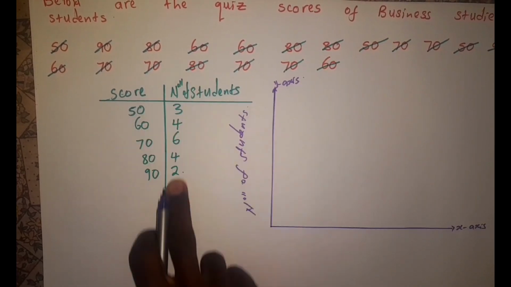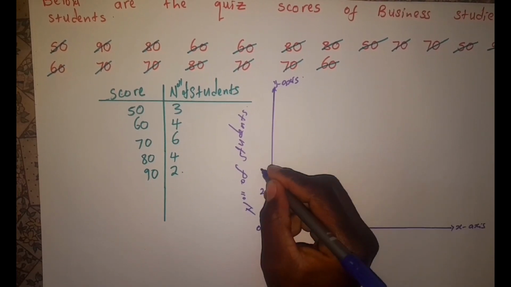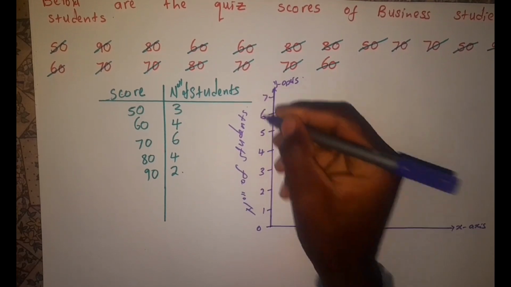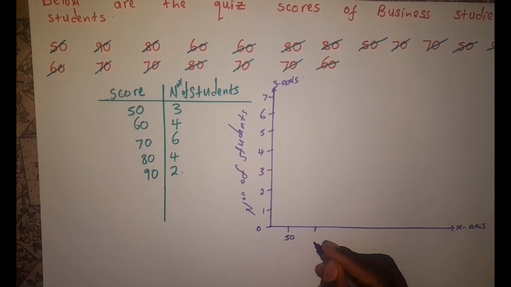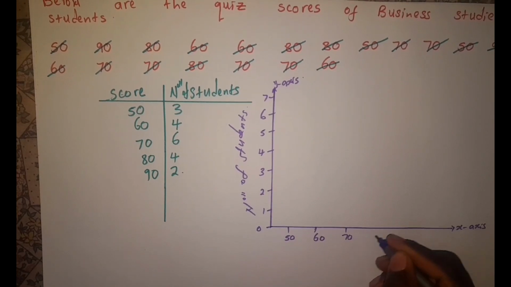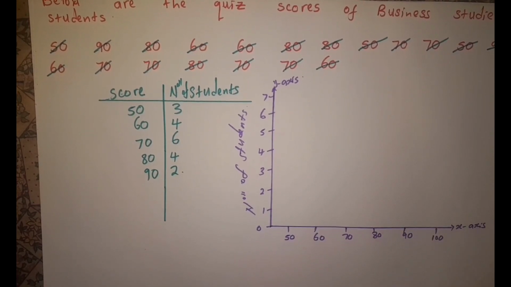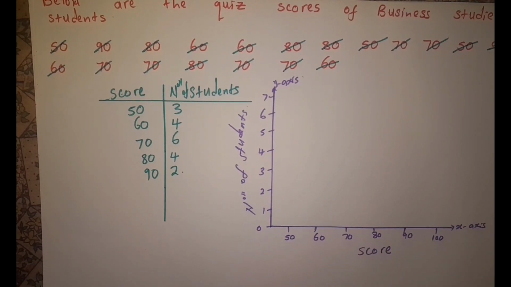With these numbers, we use the scale of 1, 2, 3, 4, 5, 6, 7. And here we start with 50, 60, 70, 80, 90, 100. This side is where we represent the one category variable, which is the scores.